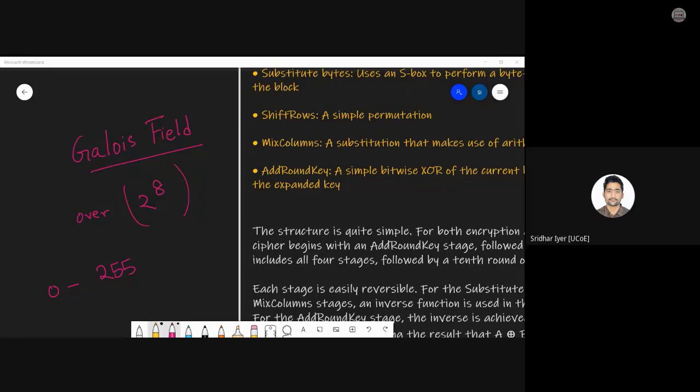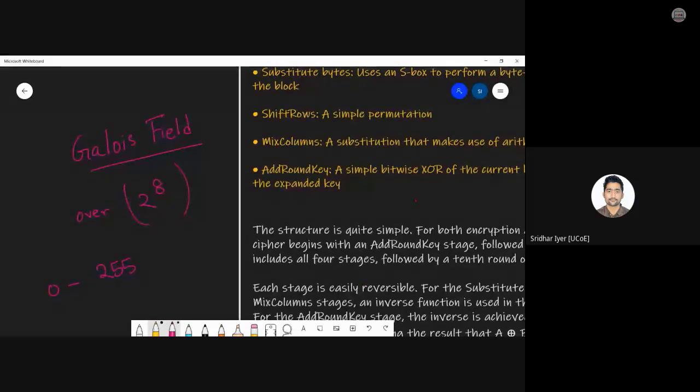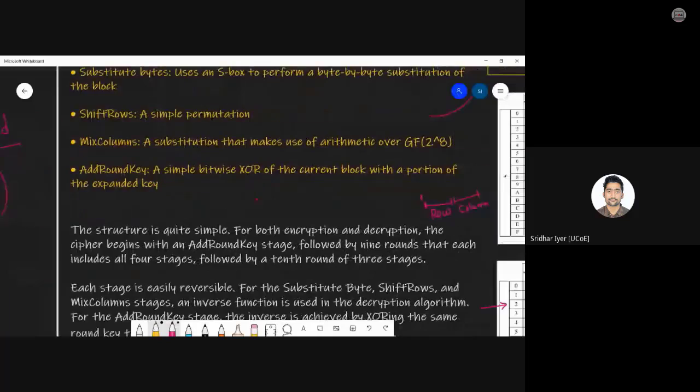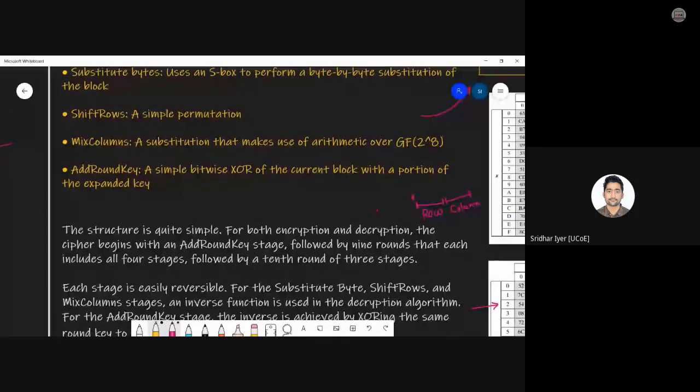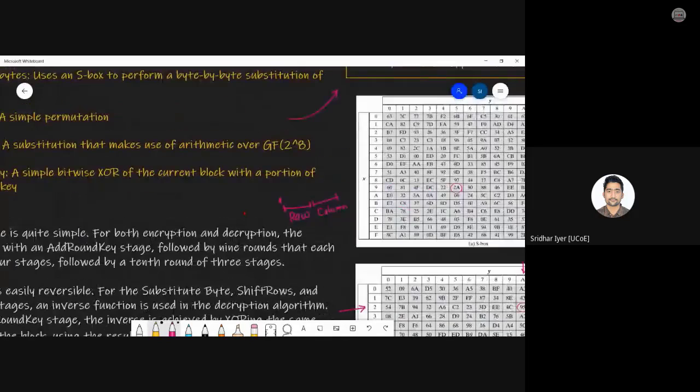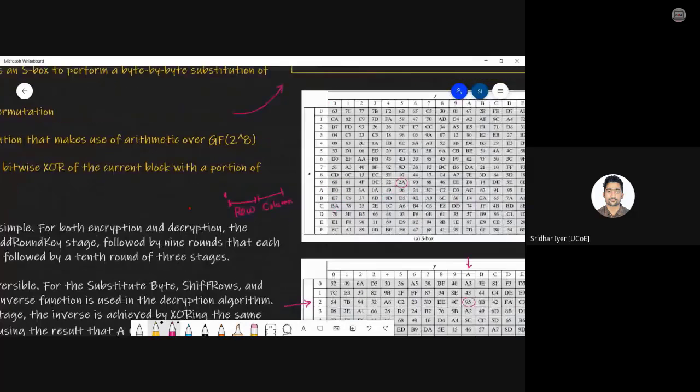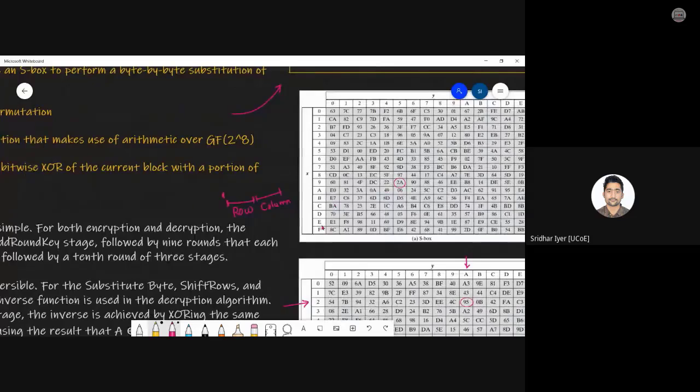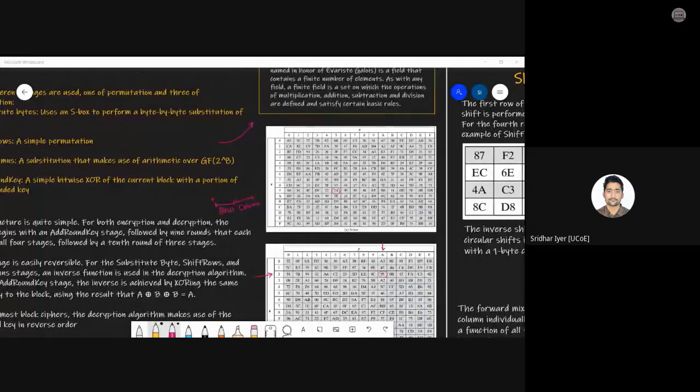It can't have any value more than that. Now is it clear? So the operation over here is mix column substitution. Mix column transformation is basically a substitution that makes use of arithmetic over the Galois field 2 raised to 8. I guess 2 raised to 7 is 128, and 2 raised to 8 is 256. Fine. It's clear. Can we move ahead?